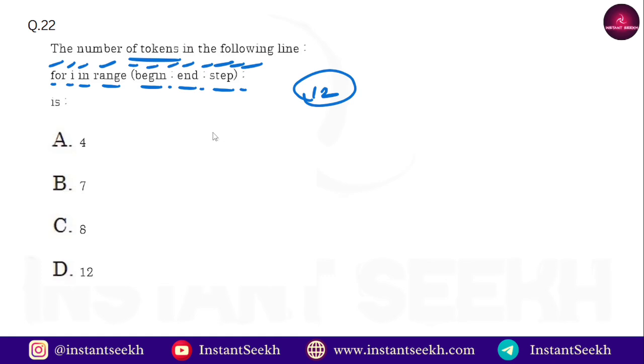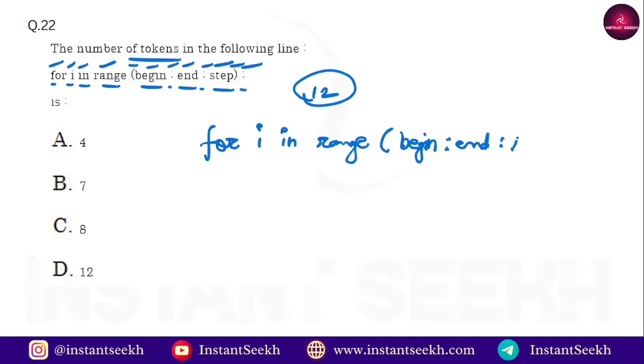If you are not able to see that clearly, I will write it down again: for i in range, parenthesis, begin, colon and colon, step, parenthesis, and again colon is given. Every identifier, operator or parenthesis counts as a token.